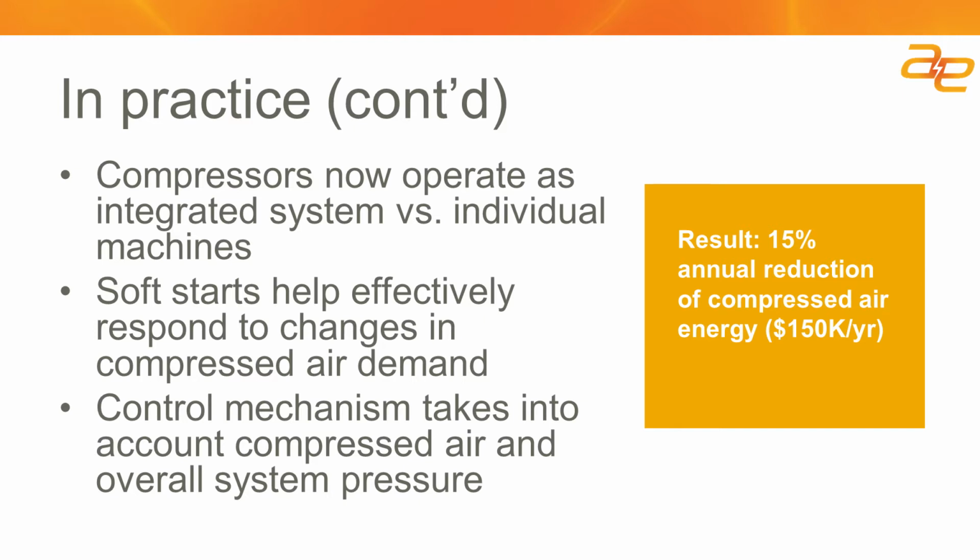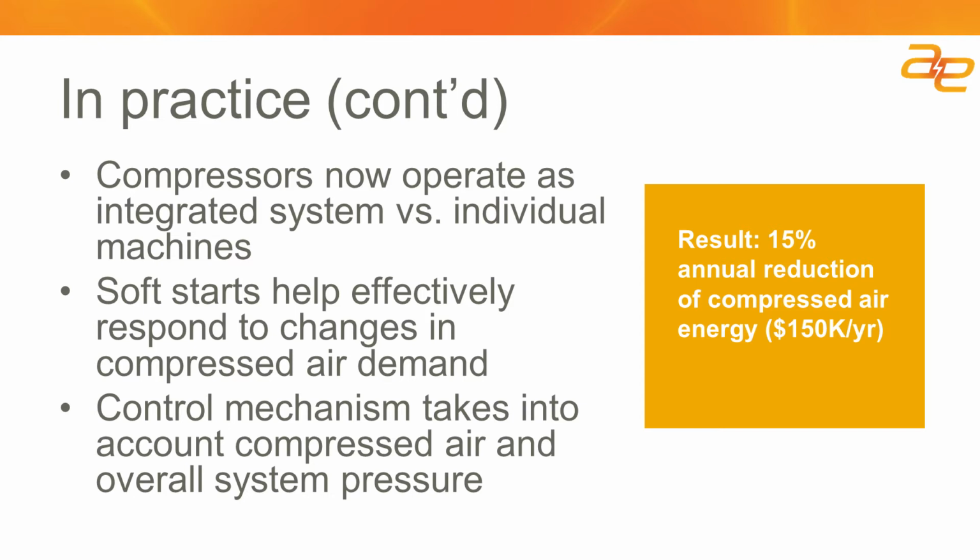Like most energy conservation measures, the nice thing about reducing utility consumption is it affects the bottom line immediately. And not only that, there's a year-over-year effect. Moving forward, the savings is achieved year over year.